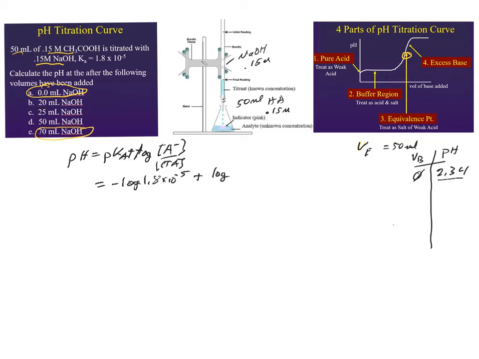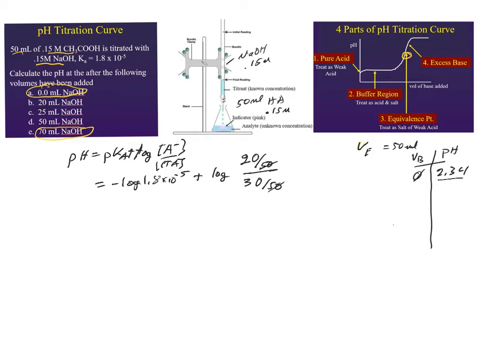We've added 20 mL, so we've neutralized 20/50ths of it, and 30/50ths of it is still unneutralized. So this becomes the log of 2/3.